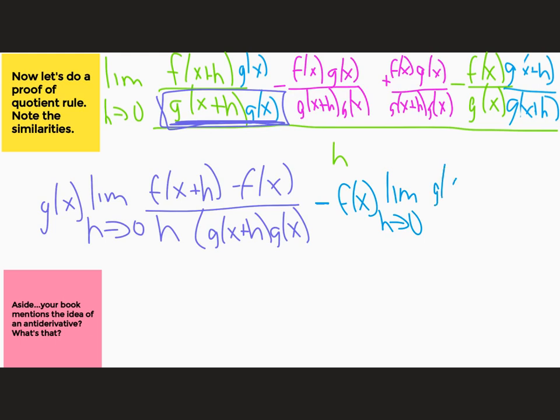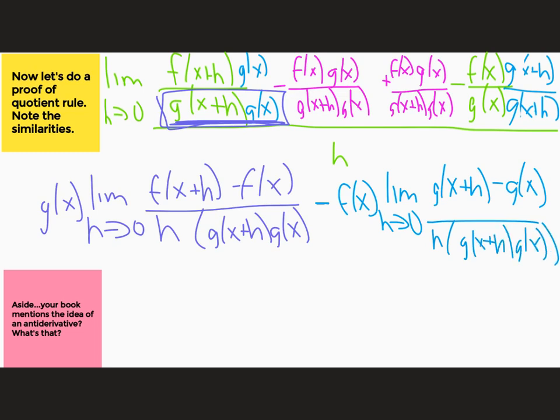G of x plus h, I'm putting that first because it was being subtracted, minus g of x. I'm subtracting that because if I minus minus, that will give me the plus I have here. Over, once again, h, and then g of x plus h, g of x.